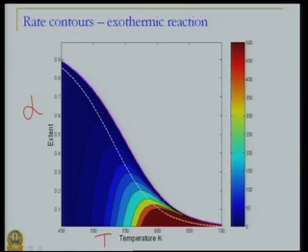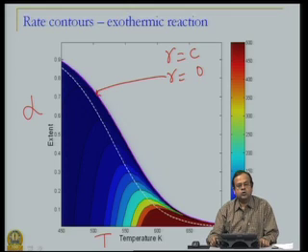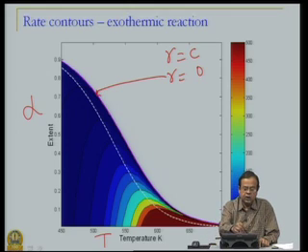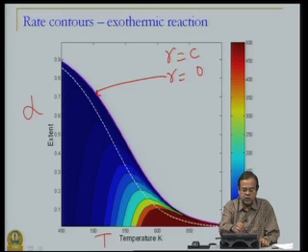Now, let us go to the exothermic reaction. Once again we are seeing R equal to constant contours, starting with R equal to 0, which is this violet line. And recall, for an exothermic reaction, the equilibrium extent of reaction decreases as temperature increases, and naturally this is that contour.